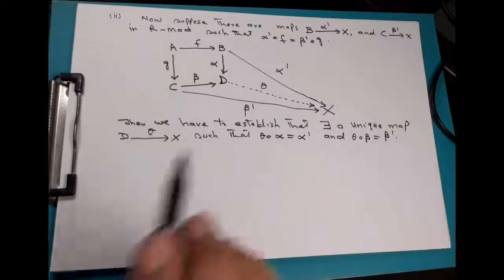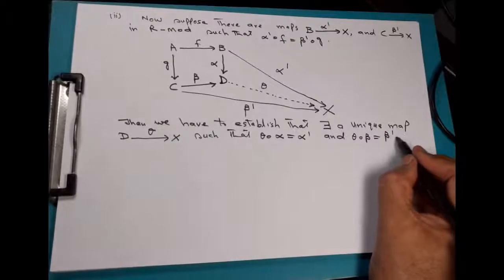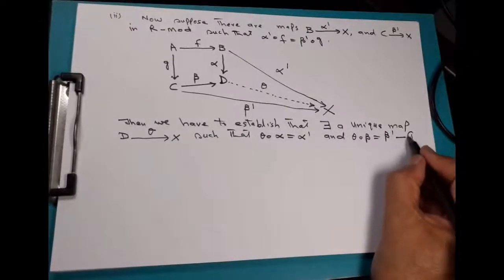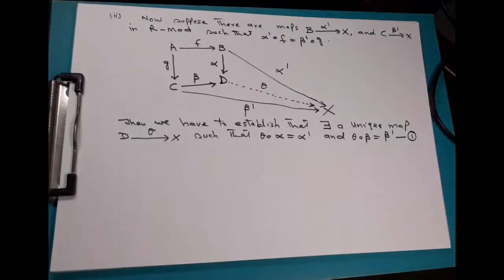So this is what we have to establish. In fact, we have to define this map theta so that these conditions are satisfied. So let's see how we define this map.